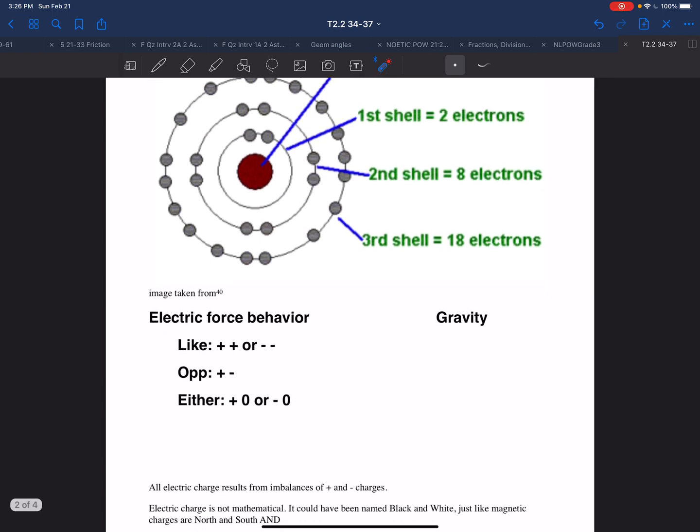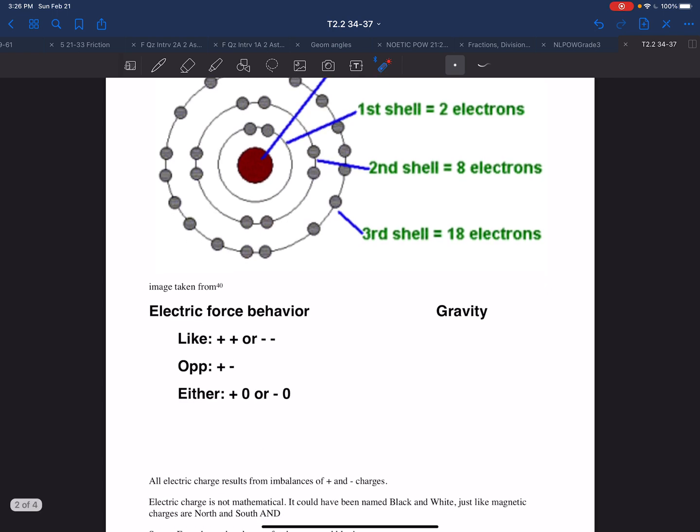So the electrical behavior we have is something you already know, of course, and that is there's like charges. Either two positives or two negatives repel. And if we have opposites, a positive and a negative, they attract. So that's the first thing about electric force behavior.